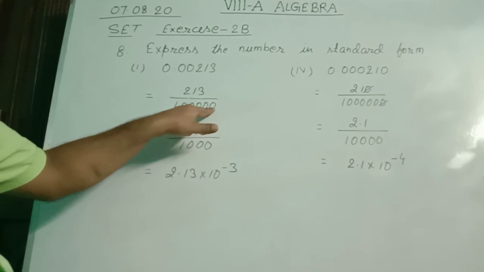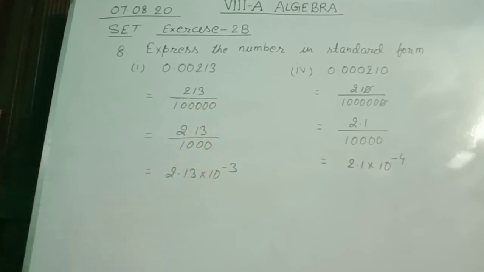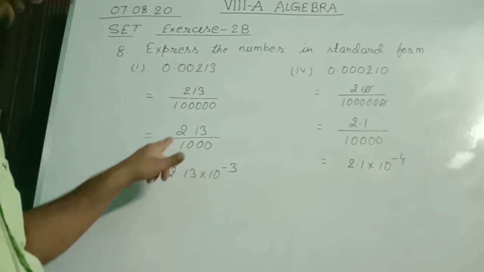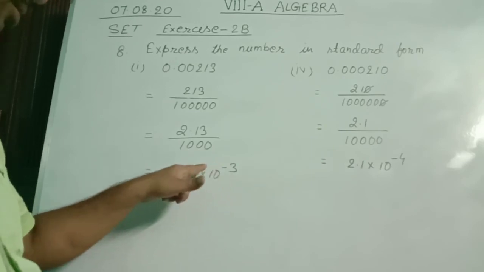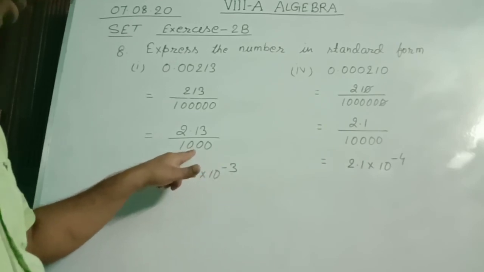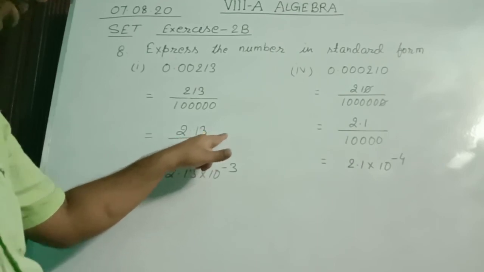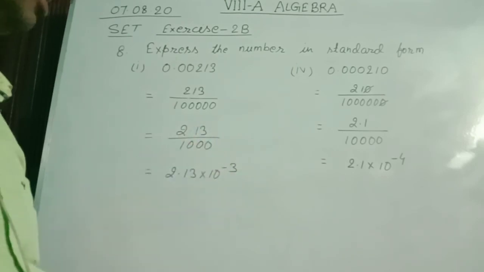Since 00 is cancelled, 3 zeros are left. I wrote here 3 zeros. Now in the exponential form we can write 2.13 × 10^-3. Minus 3 because it will go up, and as it goes up then we have to write the negative index. There are 3 zeros, so there will be minus 3.